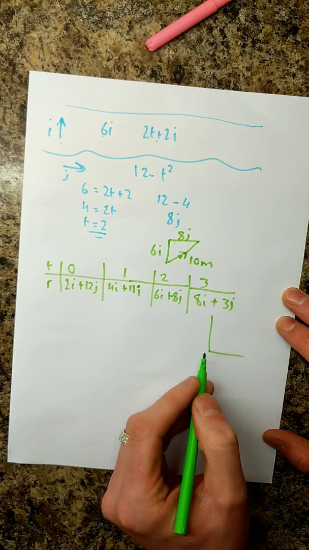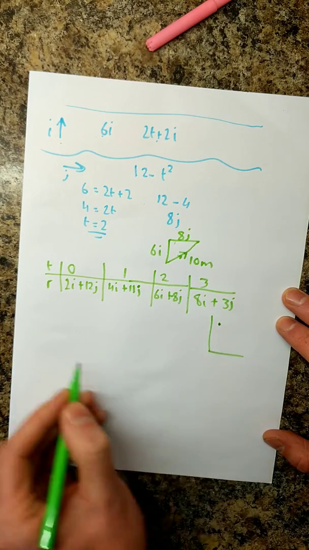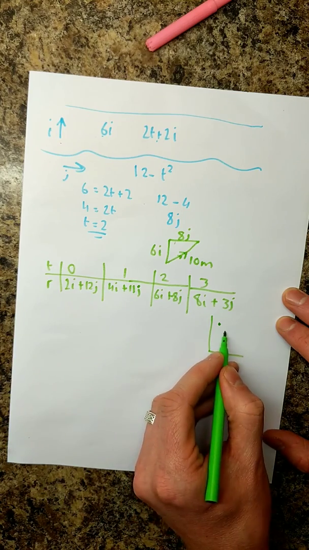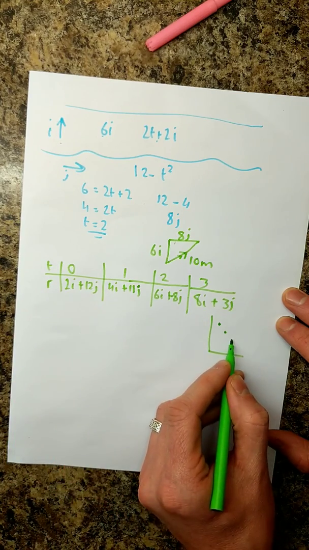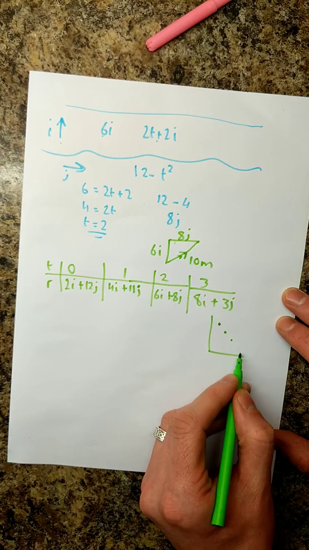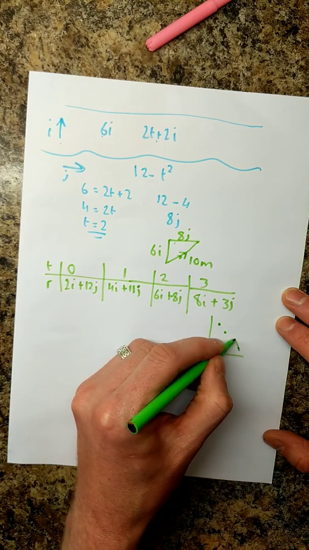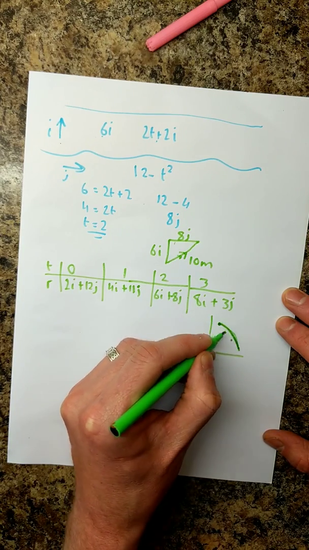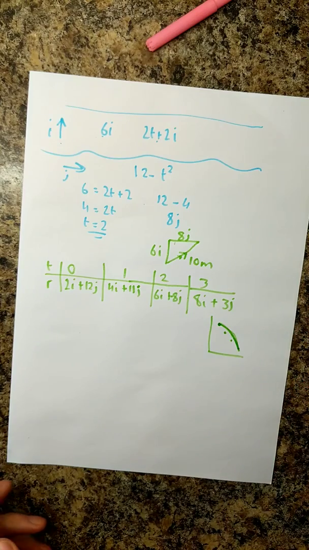Again, we're going to come along 2 up 12, along 4 up 11, along 6 up 8, along 8 up 3. I've not got an accurate drawing, so you would just then plot it the way it appears.